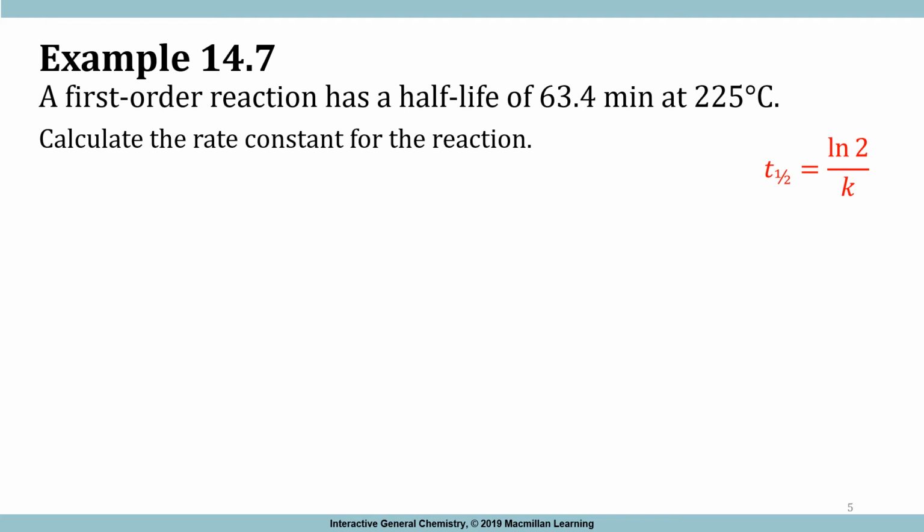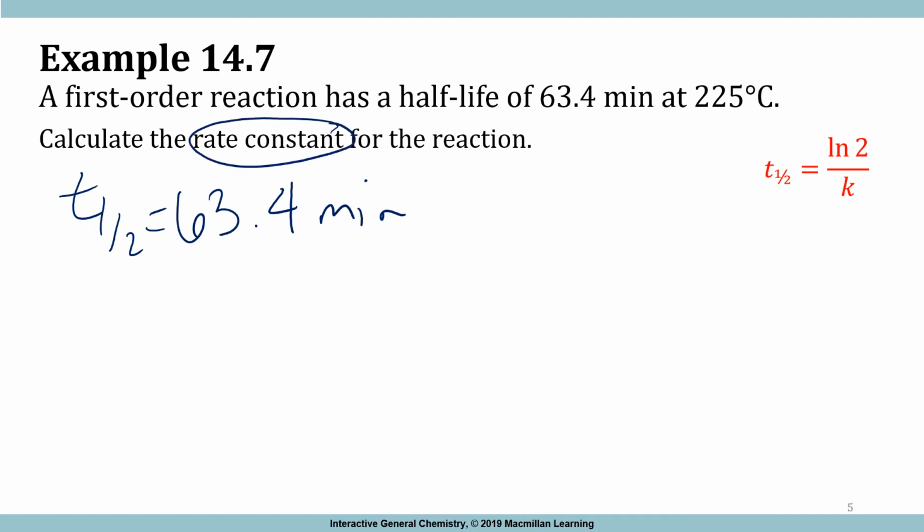Example 14.7 says a first order reaction has a half-life of 63.4 minutes at 225 degrees Celsius. Calculate the rate constant for the reaction. So we're looking for k and they gave us the half-life.